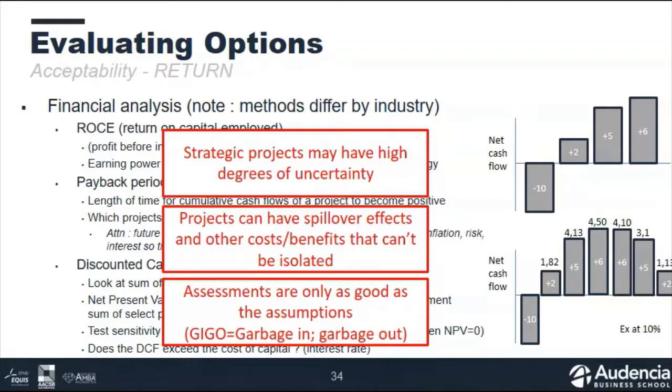There's a lot of things happening in a project, and some of the impacts we're going to have won't just be directly related to the specific project. And assessments are only as good as the assumptions. Remember that. To get to these numbers in our cash flow, we made a whole bunch of assumptions. And if those assumptions are bad, I'm sorry, the numbers you're projecting won't be right. As we say, garbage in, garbage out.